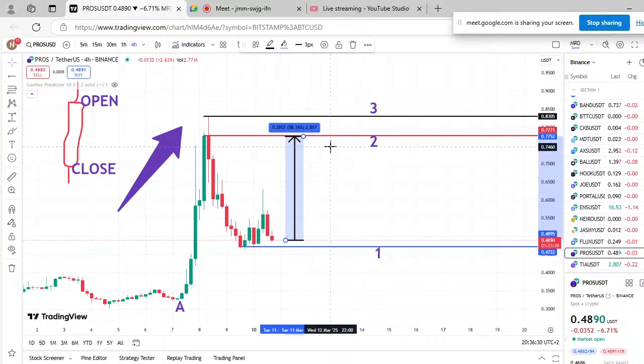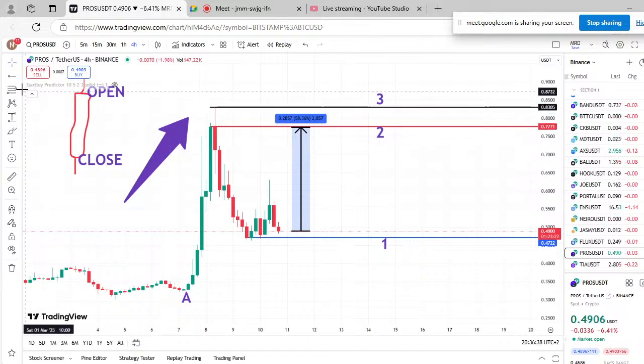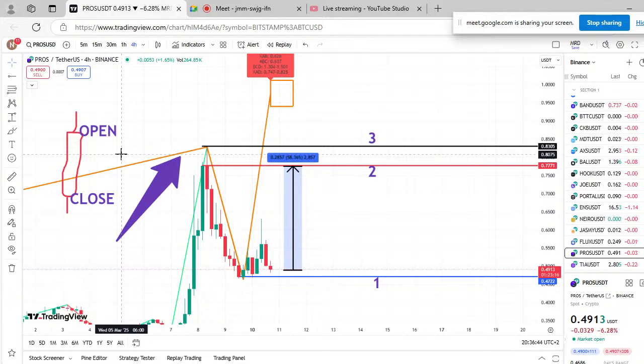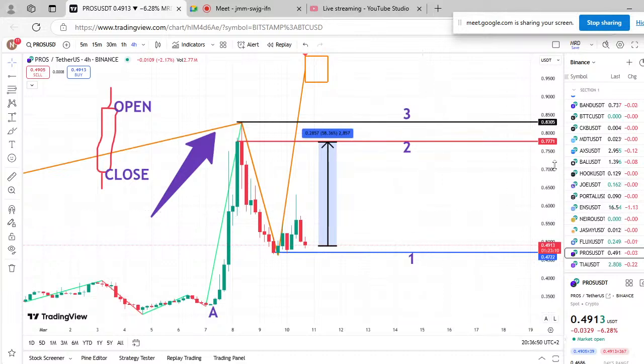But line number 2 is where the supply is. This coin is likely to hit that point. Am I clear now? Are we getting the reason why we are taking profit at number 2? Are we good to go?